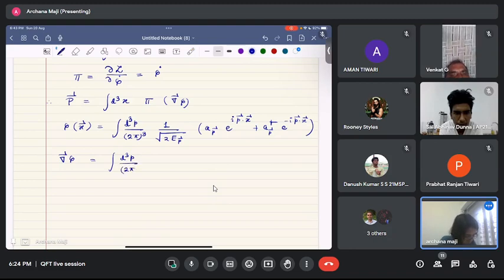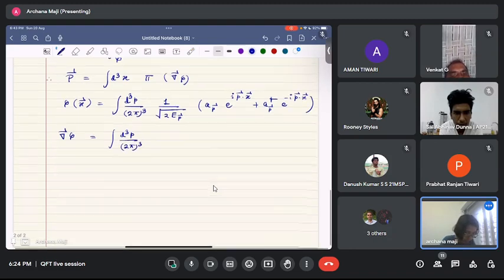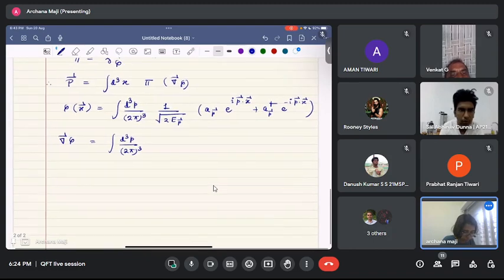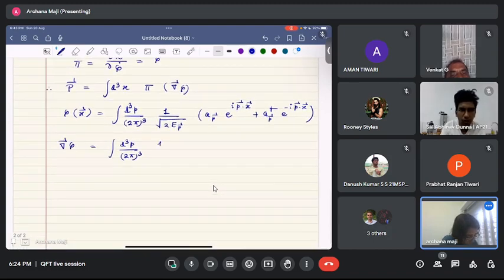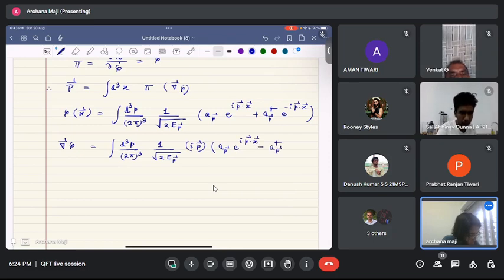So this is equal to one over square root of 2 E_p, a_p exponential i p dot x minus a dagger p exponential minus i p dot x.